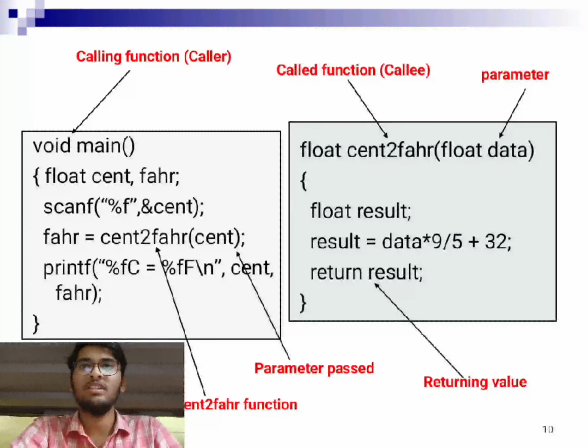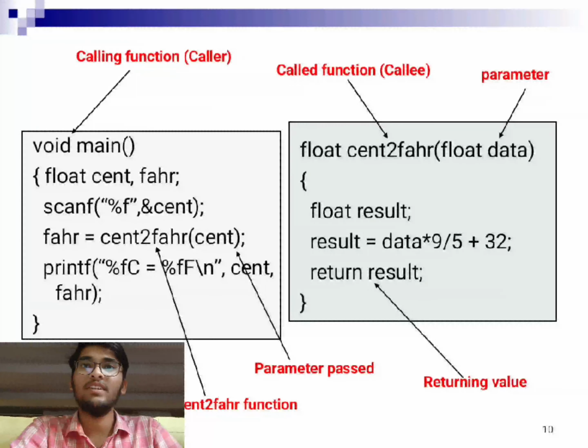The function of cent is assigned to FAHR. Printf %f C is equal to %f F slash n, with cent and Fahrenheit. This is where the function is called, so it is called the calling function. Here we use this function to assign its result to FAHR.